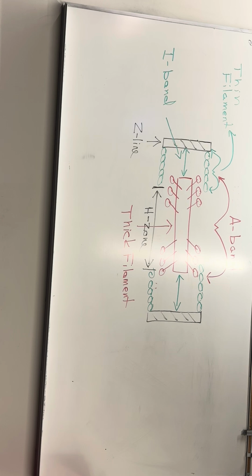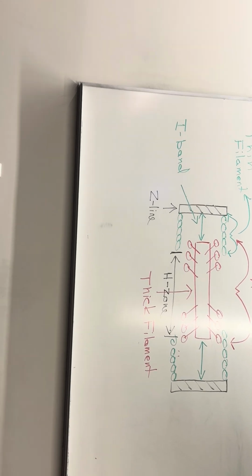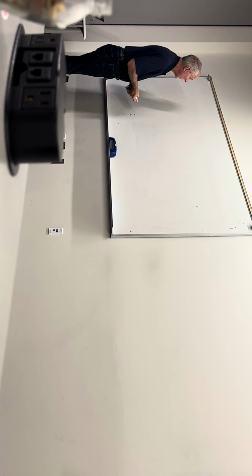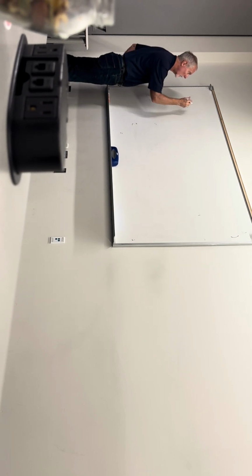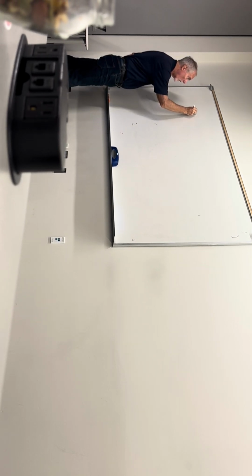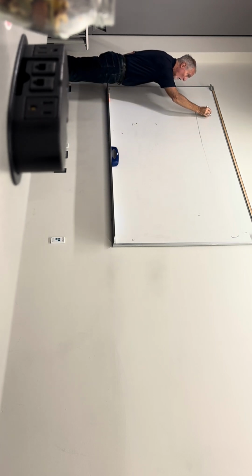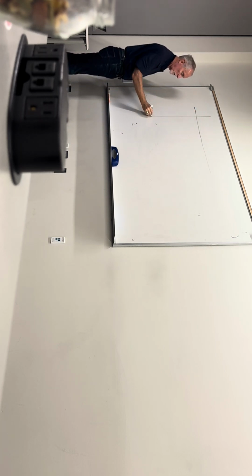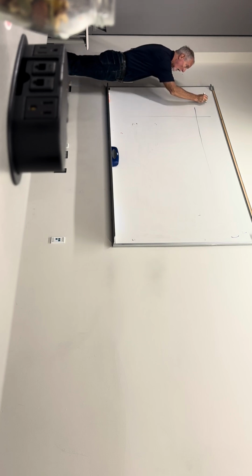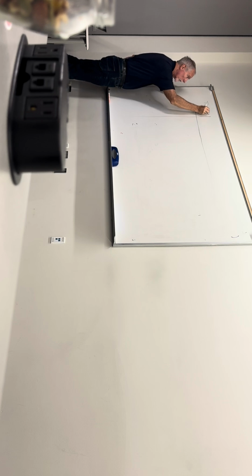Then we're going to make a table. And in this table, in our far left-hand column, we're going to put type of contraction.